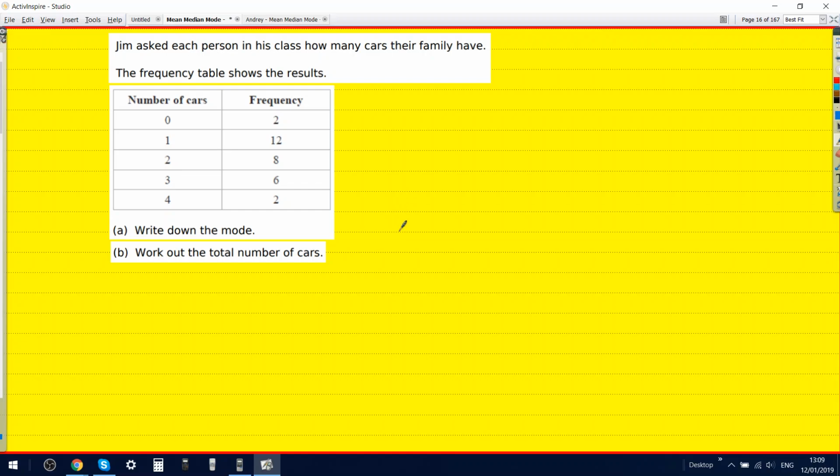1. And total number of cars. How do you do that? So you times them by frequency. So 2 times 0 is 0. 2 times 1 is 2. 12 times 1 is 12. 16. 18.